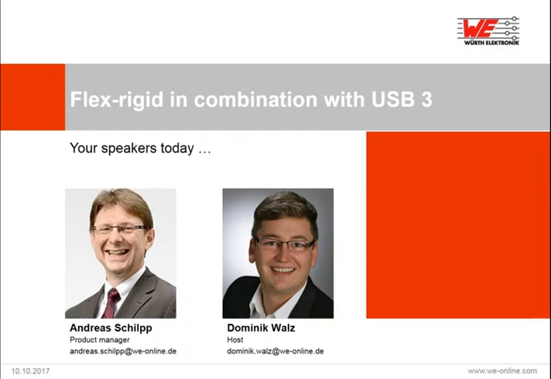As a hint at that point, we also have performed a webinar in the past concerning all the materials which are used for Flexrigid technology. So please have a look into the webinar archive. Regarding the materials, the flex materials, it's always polyimide in this Flexrigid combination, and our standard always is to use adhesiveless polyimide material.